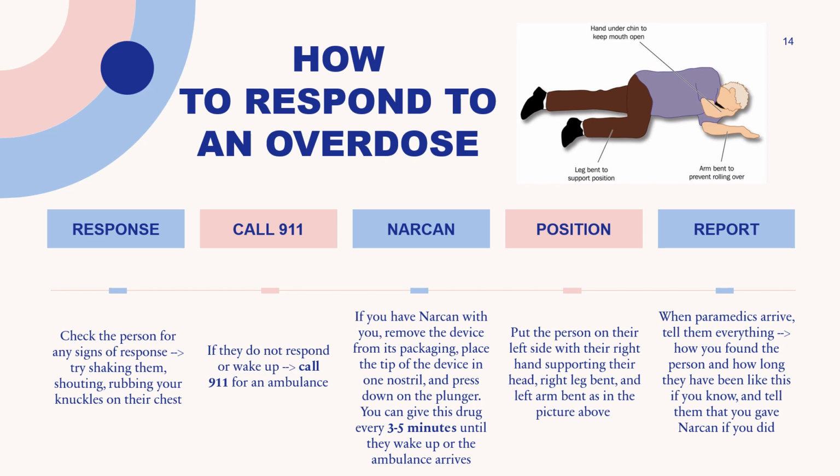The next important thing is you want to make sure that they're in a good position. So we have a picture of the recovery position up there at the top right, but some of the really important parts are you want them to be on their side, you want them to have their leg bent so that they stay on their side, and you want to have their right hand supporting their head and able to keep that mouth open, because that allows them to continue to keep their airway open and breathe if they're able to breathe still.